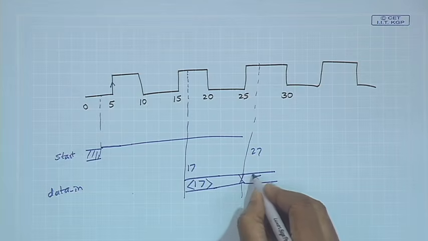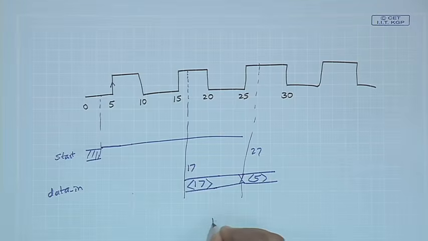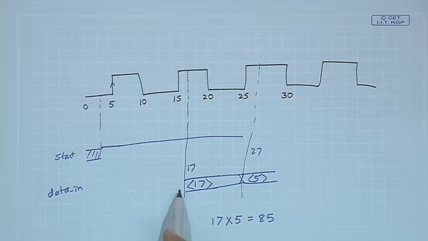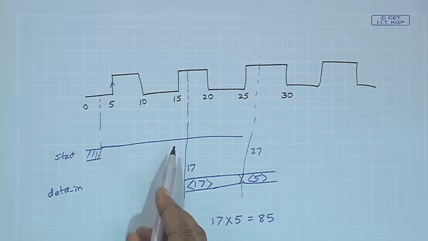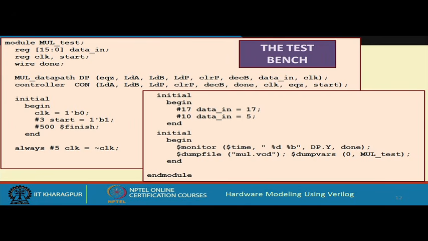So, we are trying to multiply 17 and 5. 17 into 5 should be 85. We are giving it here, and the load also will be activated after that. So, let us see what happens.